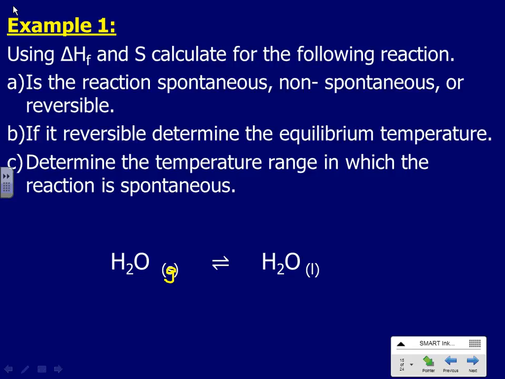So, if the temperature is low, it's as if you ignore the entropy, because entropy doesn't have an effect on the reaction anymore. And when I say temperature is low, I mean low compared to the equilibrium temperature, below it. So if I say, let's look at low temperatures, then do you look at the entropy?